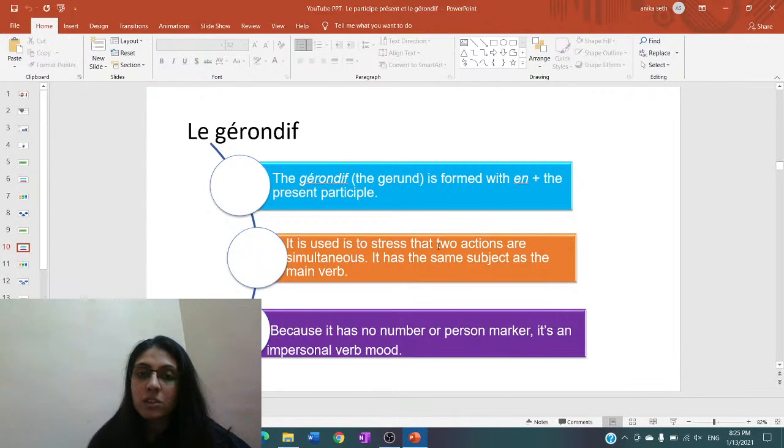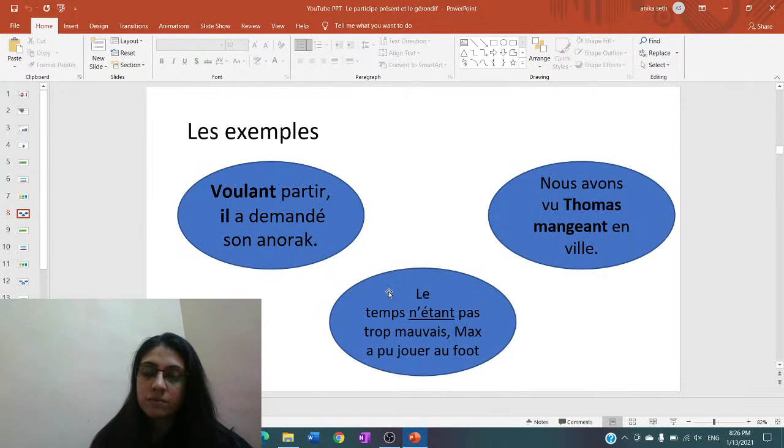Okay. So also one more thing, that it has the same subject as the main verb. It has the same subject as the main verb. So, in the case of the present participle, here I told you that the participle is put with Thomas.